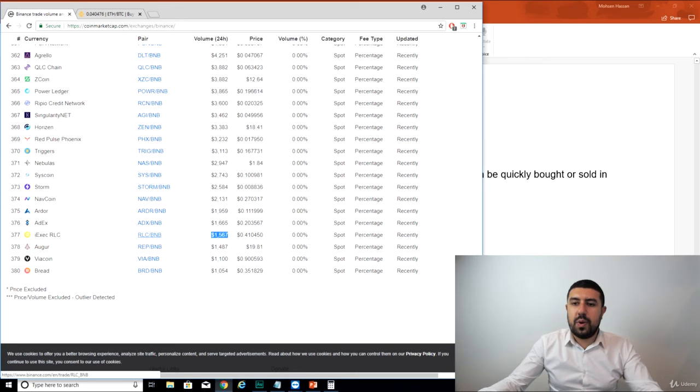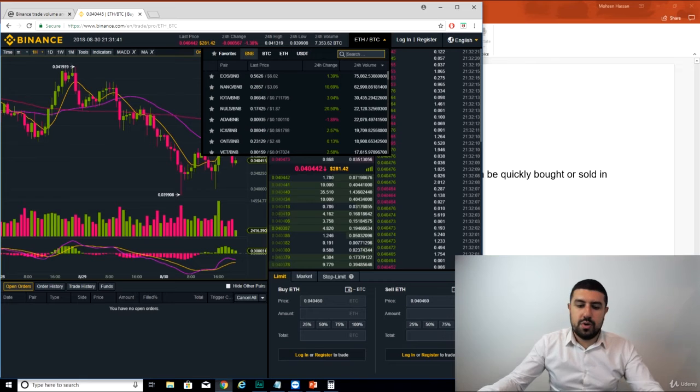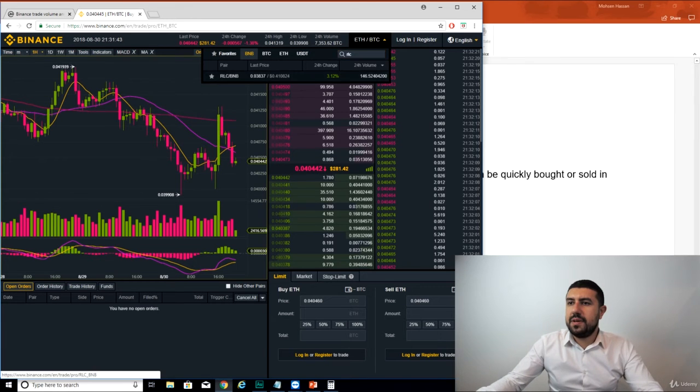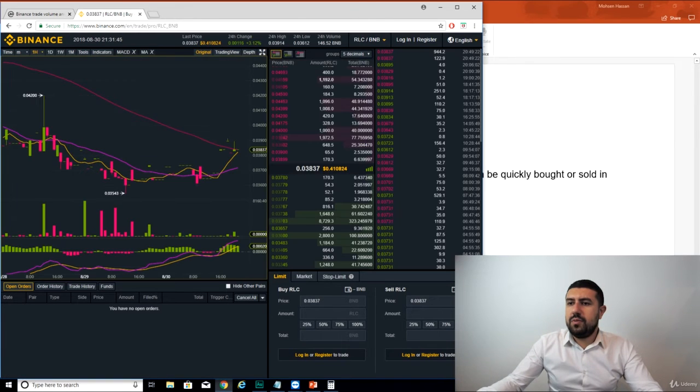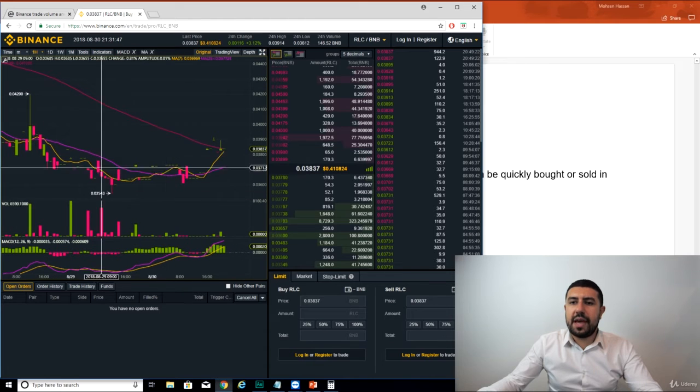But if I check this one, RLC, on the Binance order book. Well, look at this. Already just by looking at the chart, I can see that when you have candles like this that are just aligned, that means there was only one transaction, right? At that price. There was no trading.